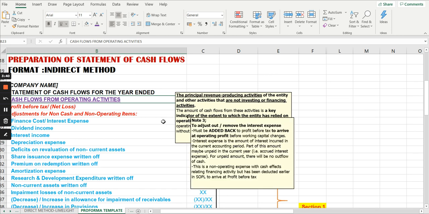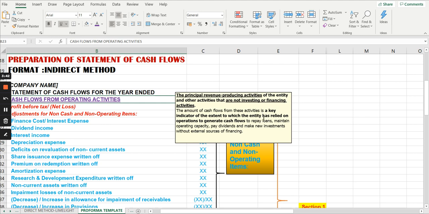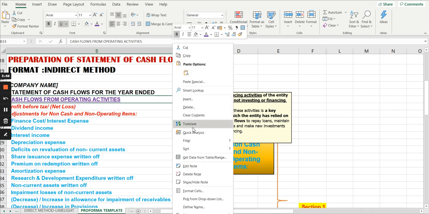This is important for them to repay their debt, to maintain the operating capacity, to pay dividends to the shareholders, and maybe in the future to make investment without other external sources of financing. So there was some recap of that.